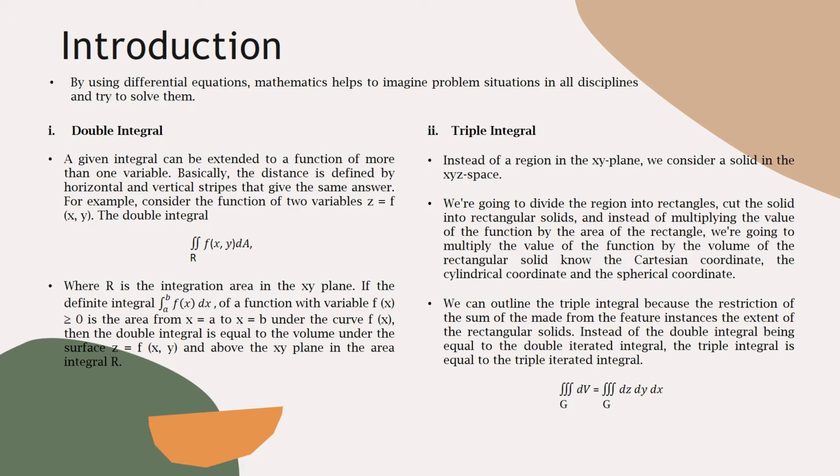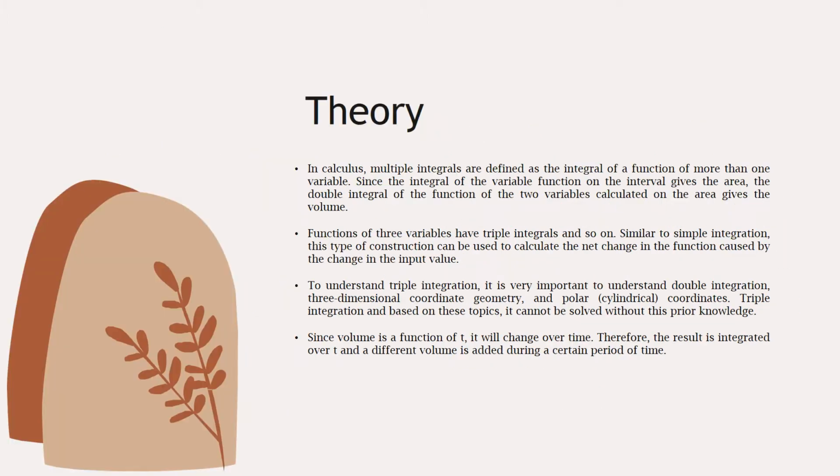Know the Cartesian coordinate, the cylindrical coordinate, and the spherical coordinate. We can outline the triple integral as the limit of the sum of the function values times the volume of the rectangular solid. Just as the double integral is equal to the double iterated integral, the triple integral is equal to the triple iterated integral.